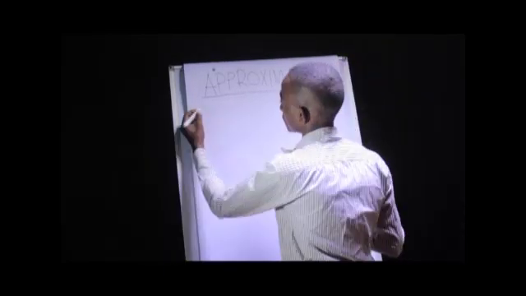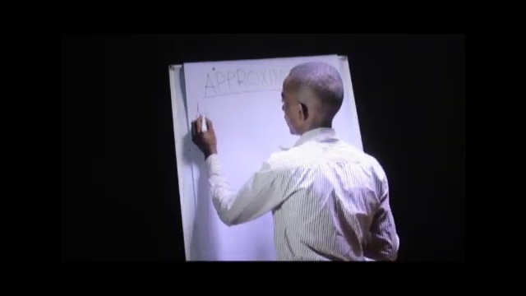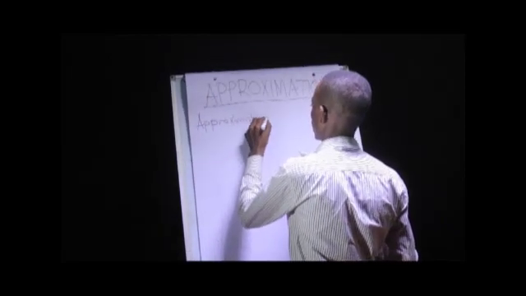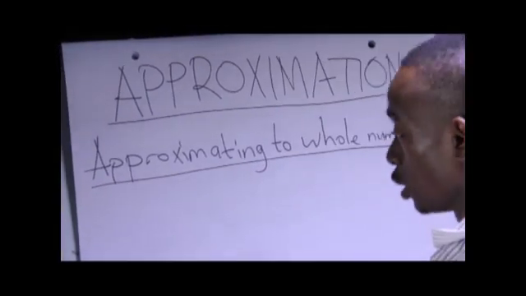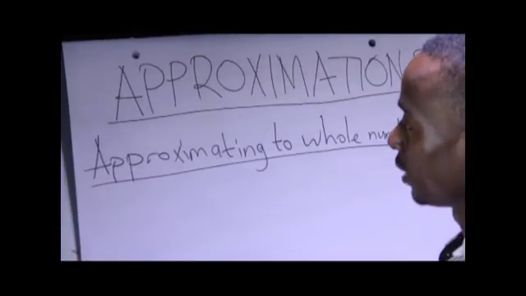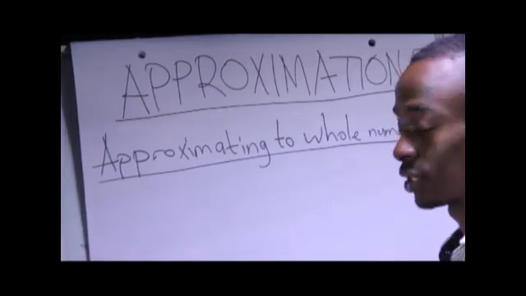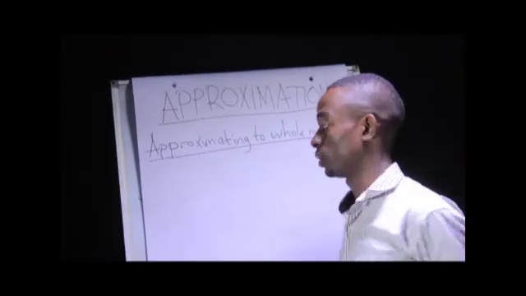And so I've said we're going to look at approximating to whole numbers. So I can give a few examples which we shall use for us to understand clearer the idea which we are looking at.